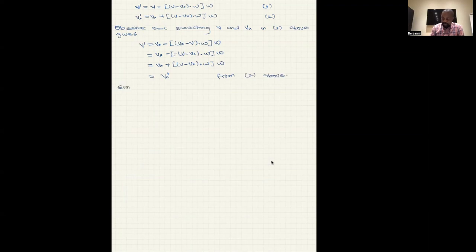Similarly, switching V and V star in equation 2 above gives V star prime is equal to V plus (V star minus V dot omega) times omega.